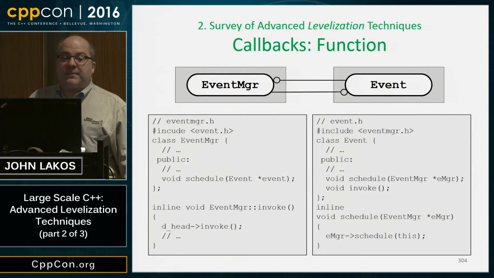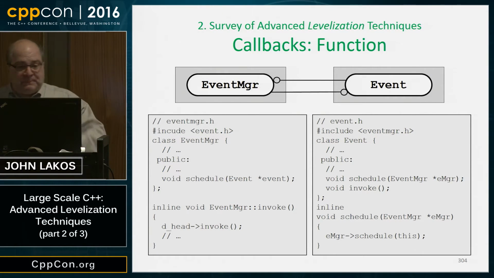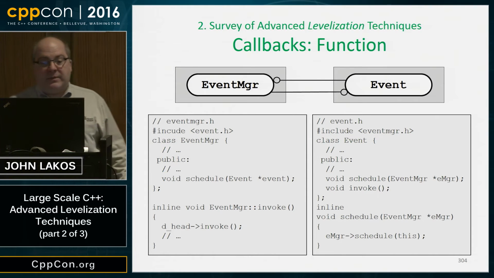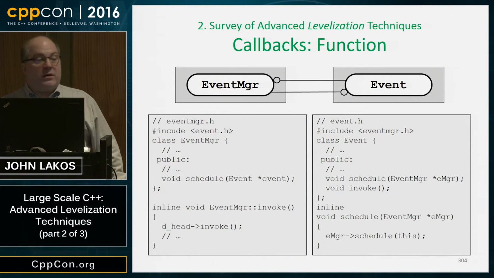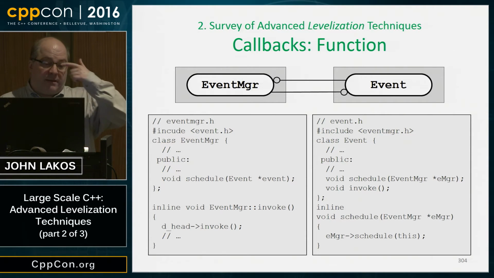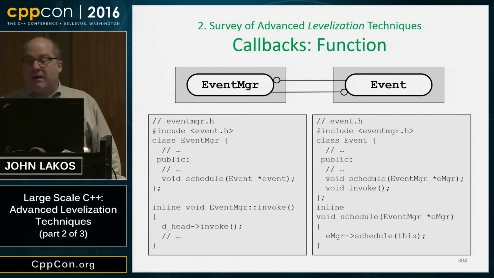So here's another example. Let's see. Callback functions. Back in the day, when we had not wonderful things like functors, we would do things like installing a function along with its data, and it would look something like this. And there would be a cycle.